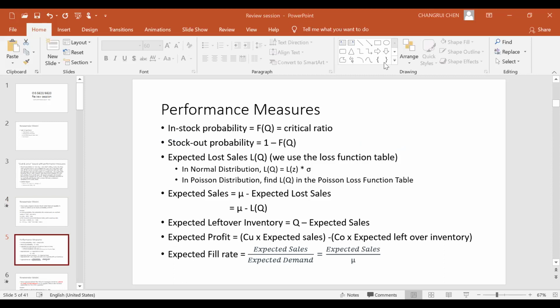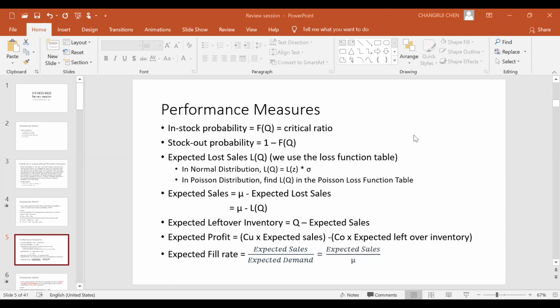Stock-out probability is equal to 1 minus the in-stock probability, which is the same as 1 minus F of Q. And the expected lost sales, L of Q. If you see L, we use the loss function table. So do not go to the wrong table.